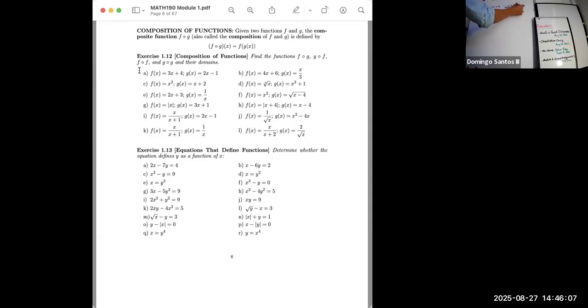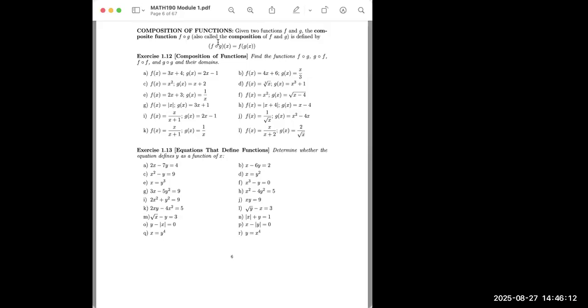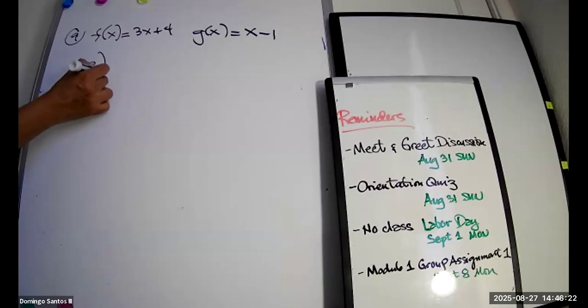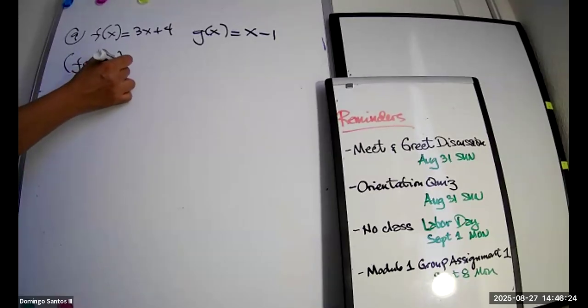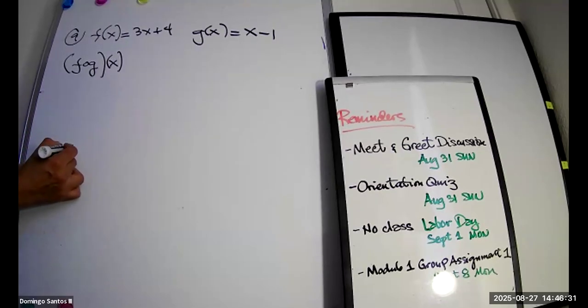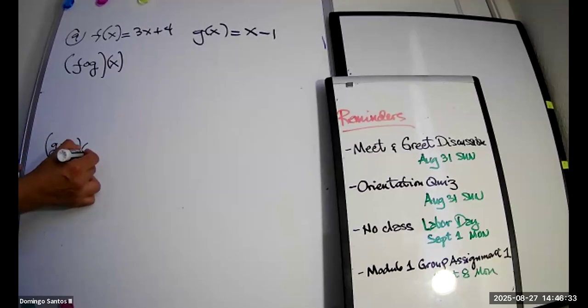So f of x is 3x plus 4, and g of x is 2x minus 1, okay? Now we would want to do f circle g of x first, and later on, we'll do g circle f of x. And let's see what happens here.